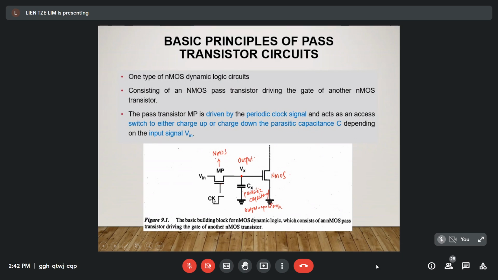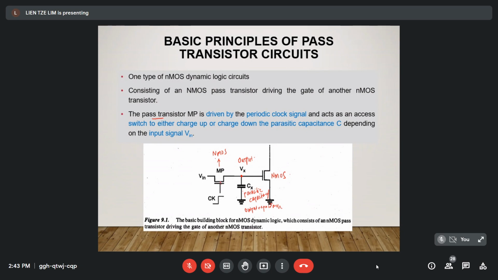This is called a dynamic logic circuit. The first NMOS here, we call it the pass transistor. This is the circuit that I want to introduce to you. We call this the dynamic logic circuit with a pass transistor in the circuit.